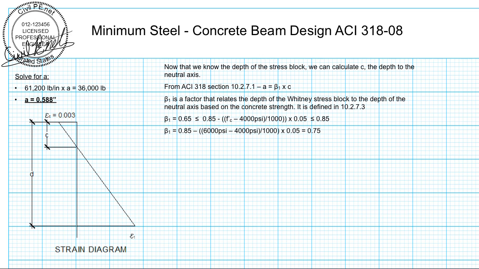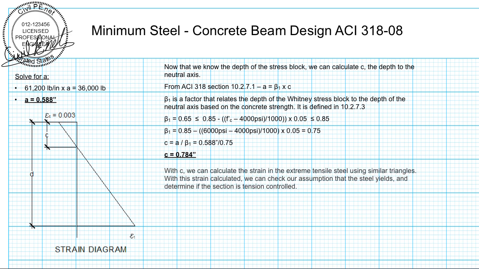From ACI, we're given that A is equal to beta 1 times C, and beta 1 is a factor that relates the depth of the stress block to the neutral axis based on the concrete strength. Now for 6,000 psi, we can calculate this out and get that our C is equal to 0.784 inches. So now with C, we can calculate the strain in that extreme tensile fiber.